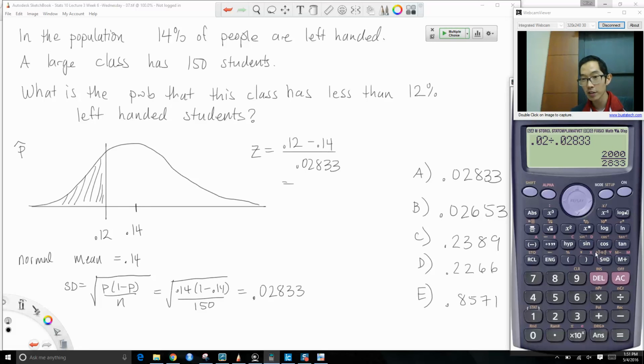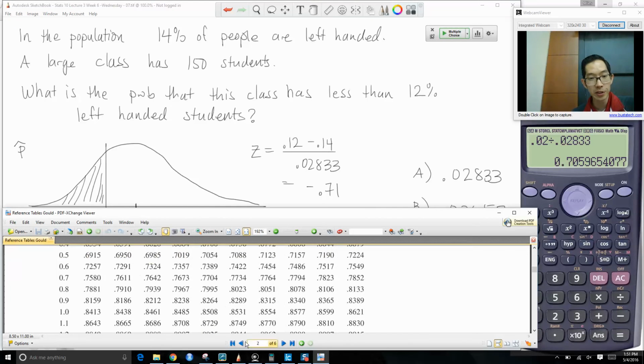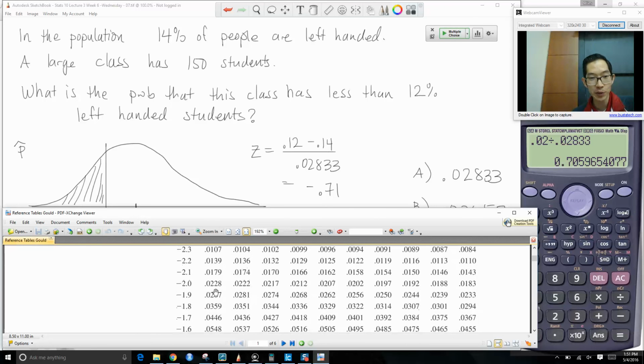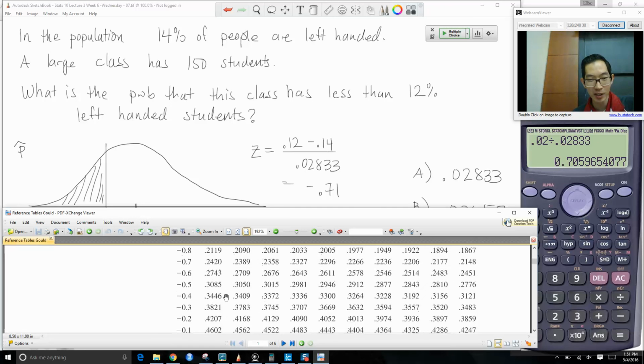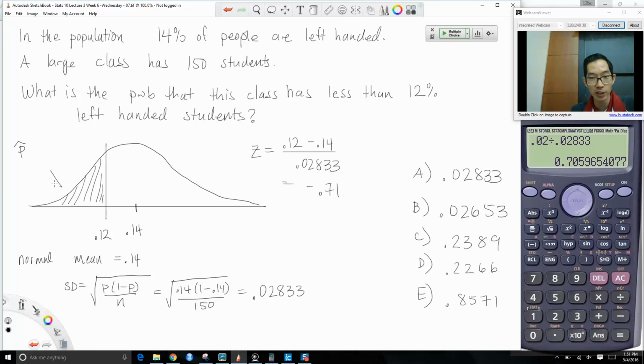I get something like negative 0.71. Okay, and so as I look this up in the z table, negative 0.71, and I think I did this correctly, is 0.2389. So the area over here is 0.2389. There is our answer there.